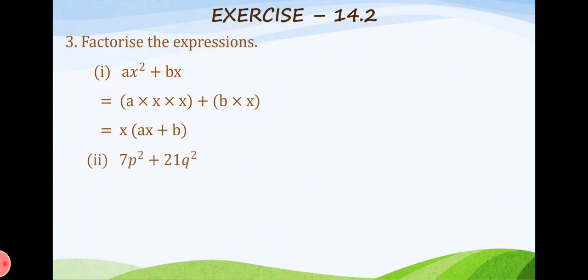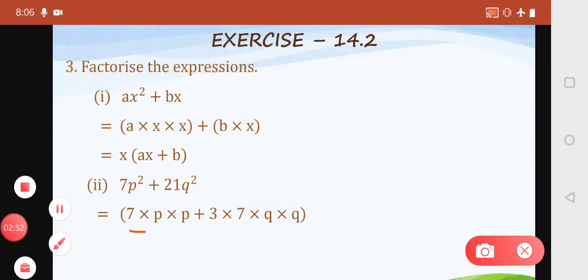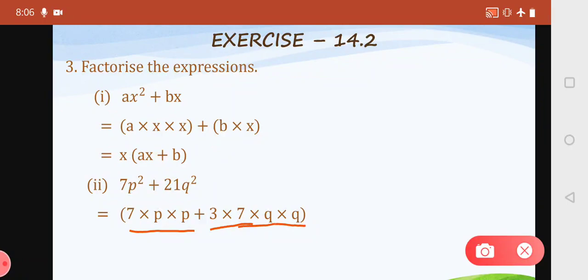Next, question number 2, 7p square plus 21q square. Again first we apply the common factor method. So we separately write the factors of both the terms, that is factors of 7p square equal to 7 into p into p, and then plus sign as it is, and then factors of 21q square, that is factors of 21 are 3 into 7 and q square is q into q.